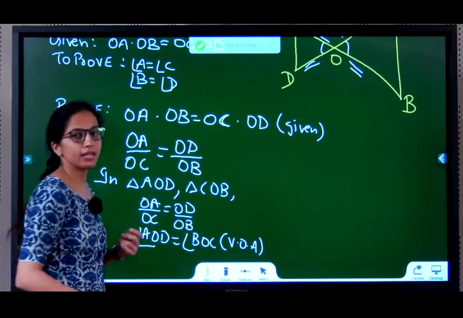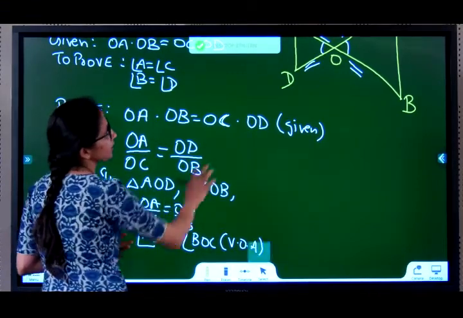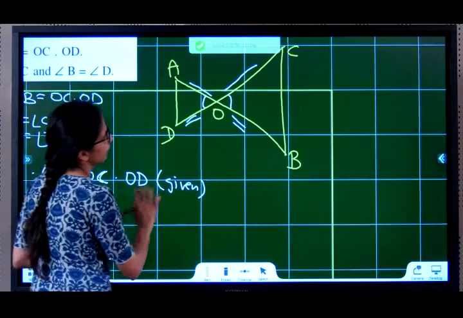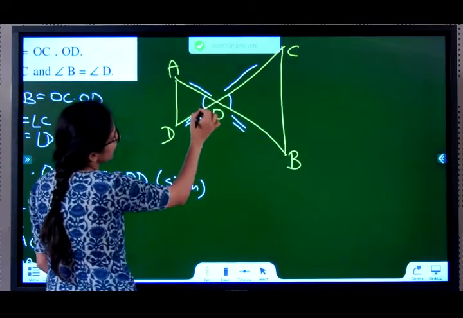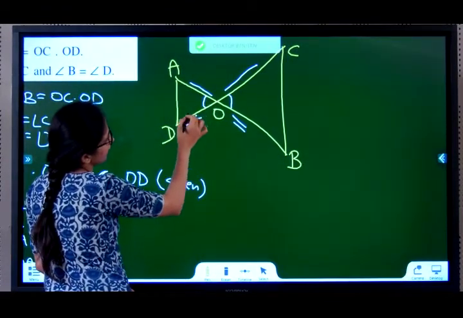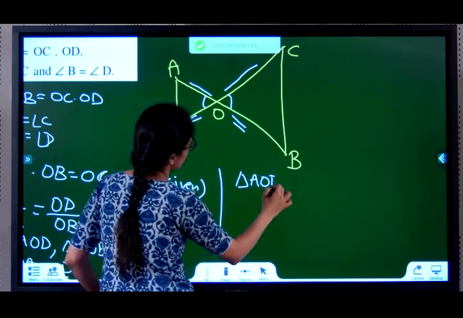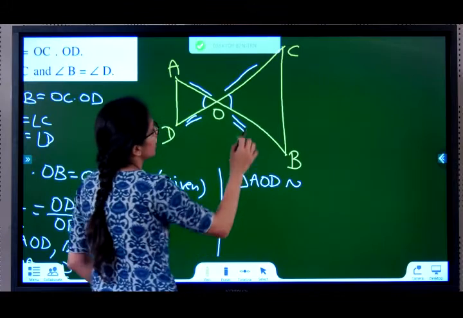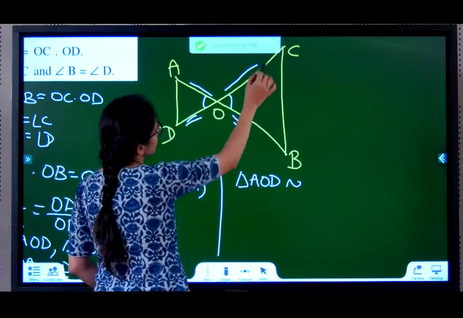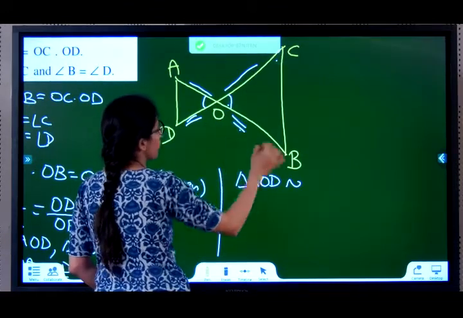So, now the two triangles are similar. The question here is, who is similar to whom? Go from single angle, double angle: AOD. Triangle AOD is similar to whom? Single angle, double angle: COB.